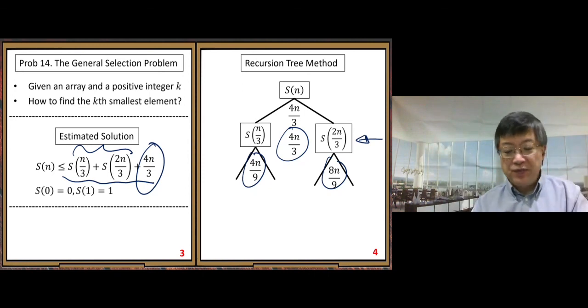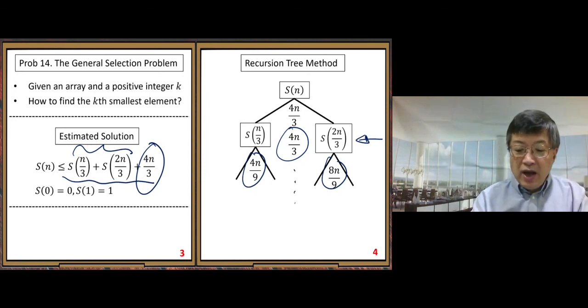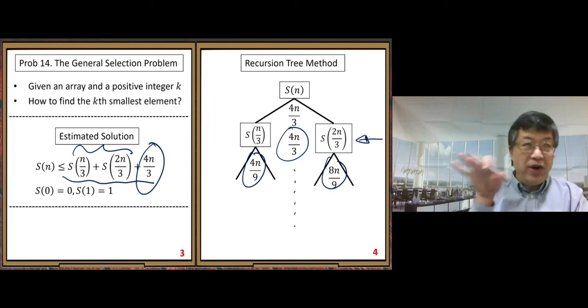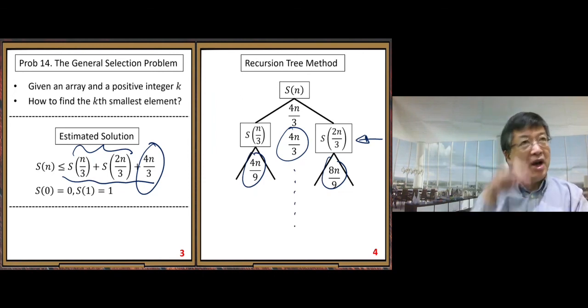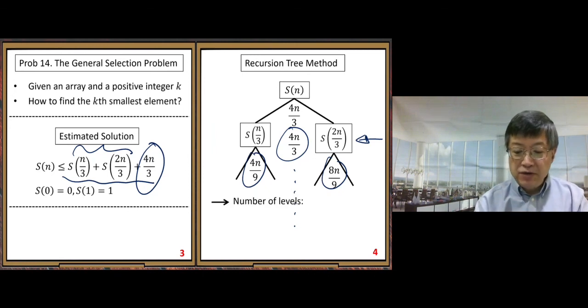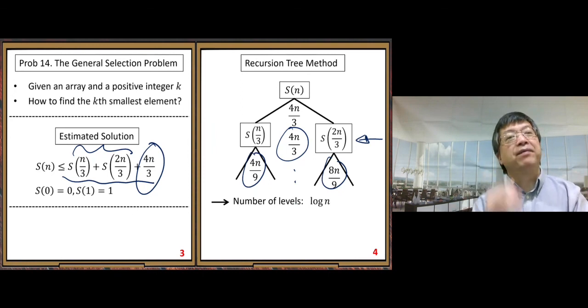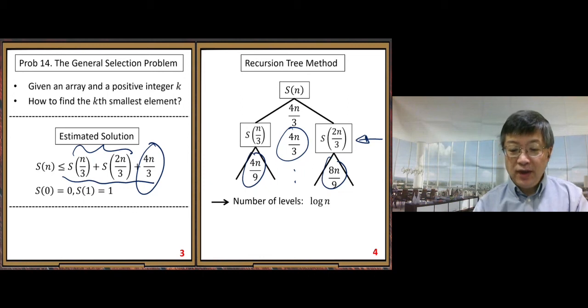How many levels can we go down? How many levels can we estimate? The number of levels is approximately log n, because you can see we divide by 3.